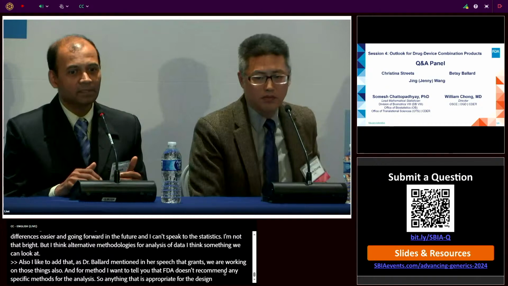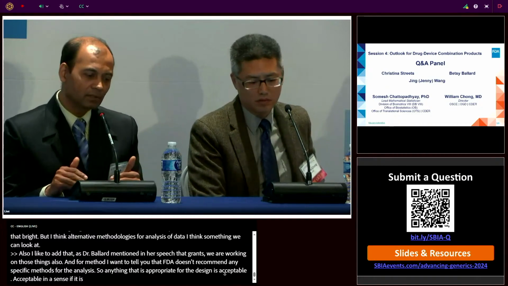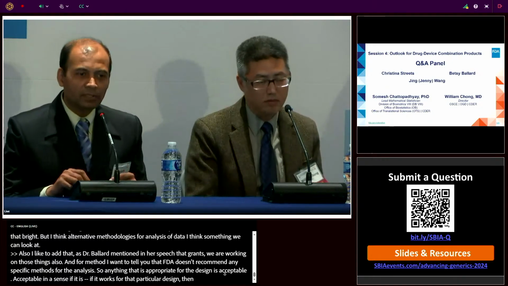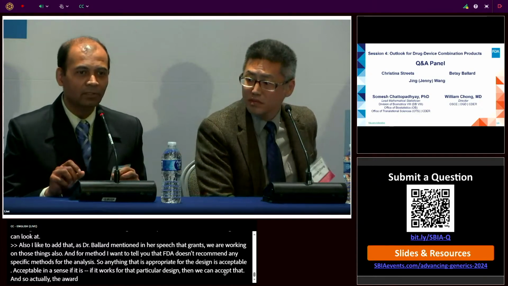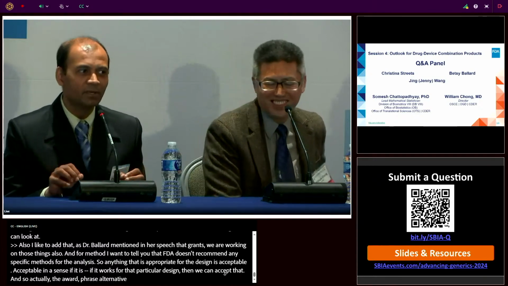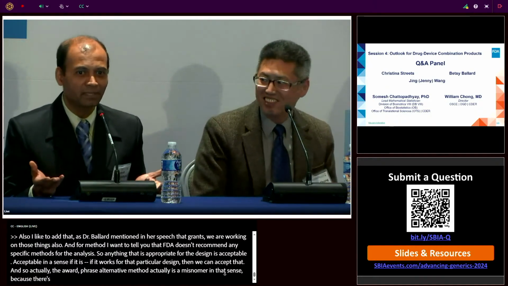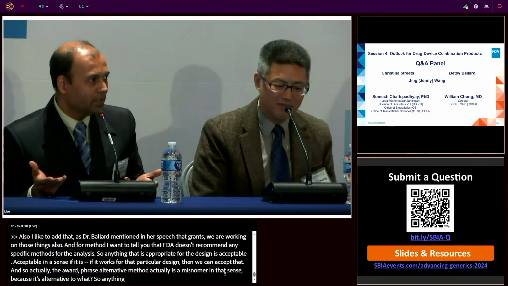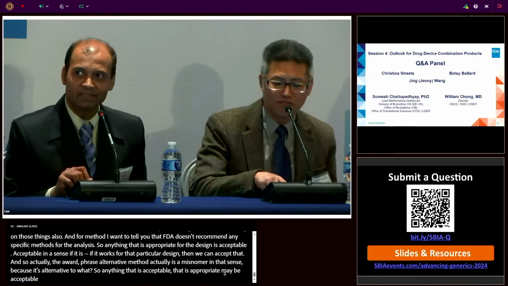Acceptable in the sense that if it works for that particular design, then we can accept that. So the phrase alternative method is a misnomer in that sense, because there's an alternative to what? We don't have a prescribed method, basically. So anything that is appropriate may be acceptable. I just wanted to stress that.